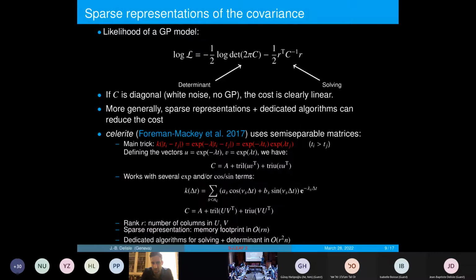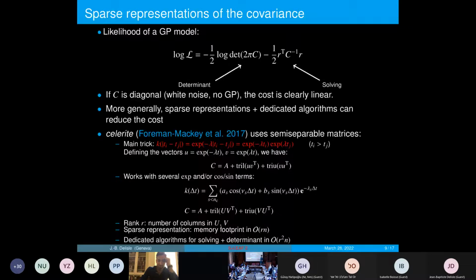But of course, assuming a diagonal covariance matrix means that you have white noise and no Gaussian process, so it's not very interesting. More generally, if you have a sparse representation of the covariance matrix and dedicated algorithms specialized for this sparse representation, then you can compute the determinants and solve the problem with a reduced cost.